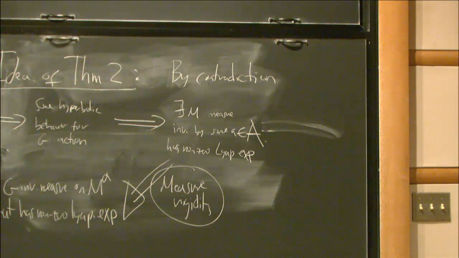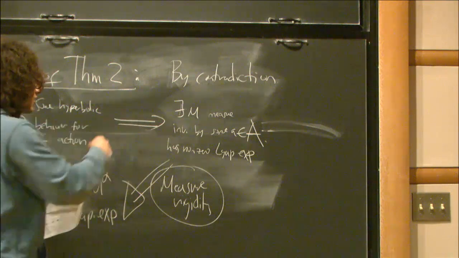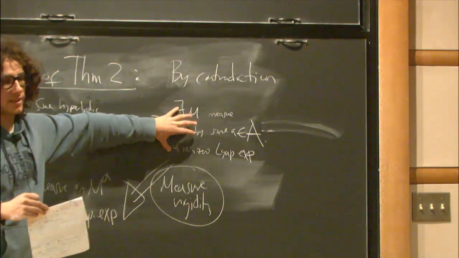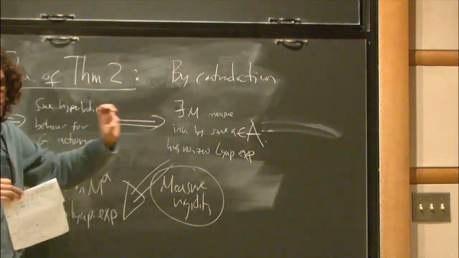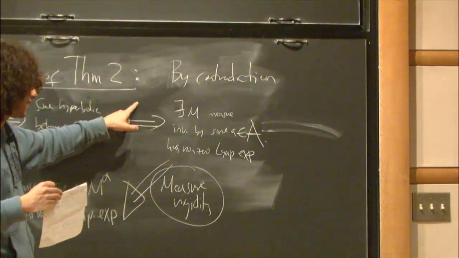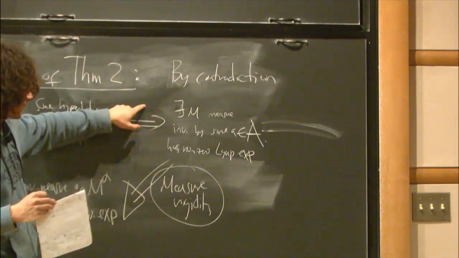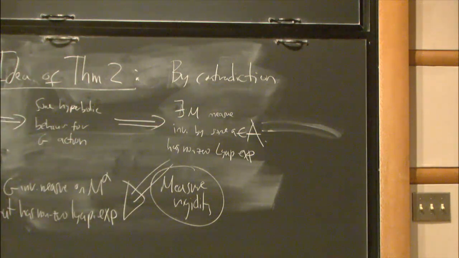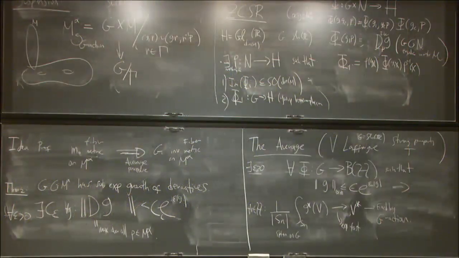And maybe if I have time, I'll try to say how to obtain this measure that is invariant. This is kind of an easy thing actually. This is the easy part, and this is super hard in my opinion. So I'll talk about this measure rigidity.